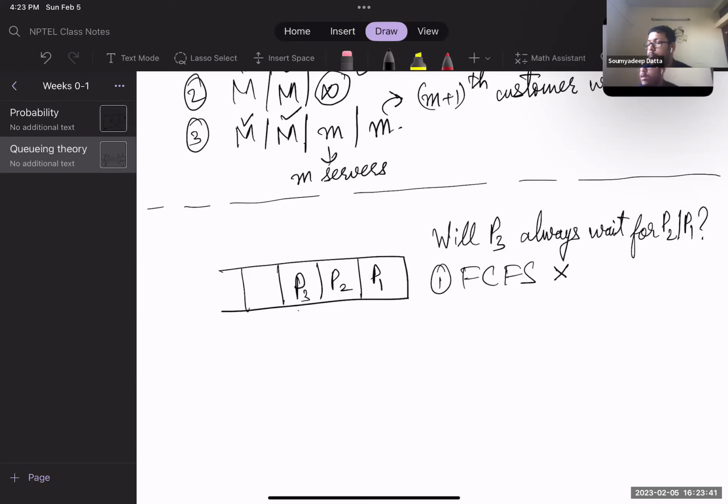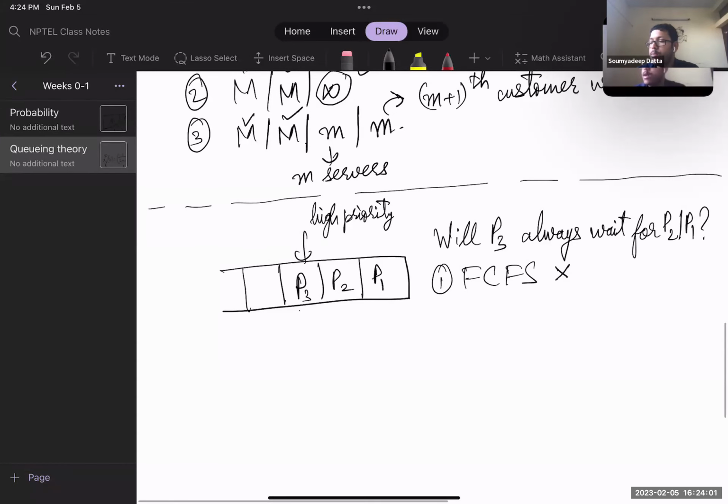So I can assign priorities to customers, right? Let's say P3 is some high priority customer. Now, in the context of networks, you can imagine this to be some kind of high priority traffic, like some kind of danger notification or something that is emergency, while the persons ahead, P1 and P2, are low priority. They are the usual communication stuff.